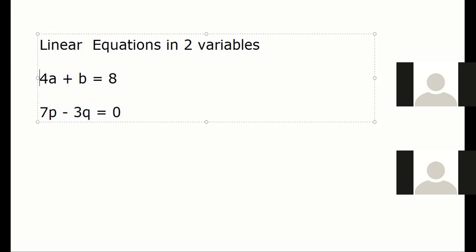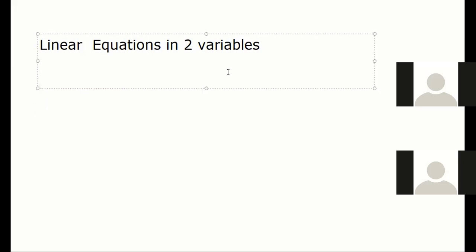Now, obviously, if there are two variables in a linear equation, just by having one equation, we cannot get a unique solution. Correct? You need at least two equations to solve because of two variables. Three variables, three equations you need. Five variables, five equations you need. That is the basic rule.